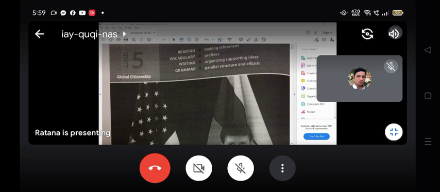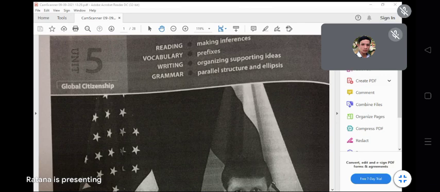The topic of unit 5 is global citizenship. And we look at reading. We have two readings, reading 1 and reading 2, on making inferences. Making inferences is very important, especially when you conduct quality research or marketing surveys.